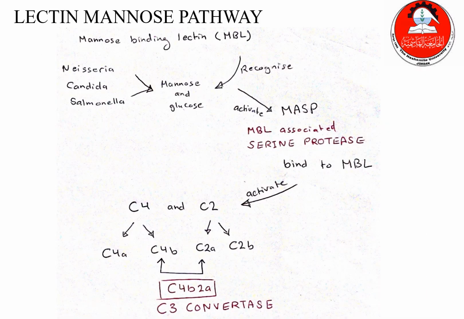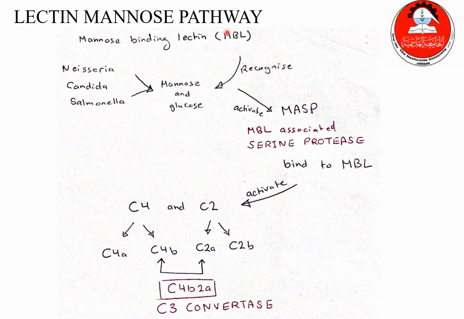The third pathway that we need to talk about is the lectin-mannose pathway. We have the mannose binding lectin أو the MBL. في عنا بعض البكتيريا زي النايسيريا، الكانديدا، الفنجل اللي هو الكانديدا، السالمونيلا البكتيريا، في عندهم mannose وجلوكوز within their structure.